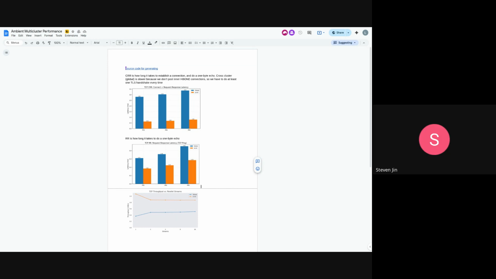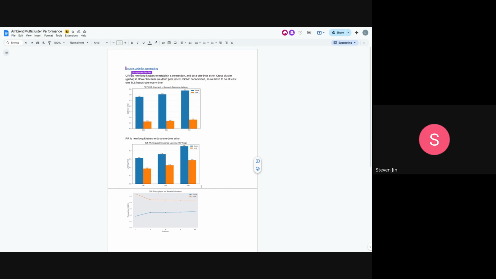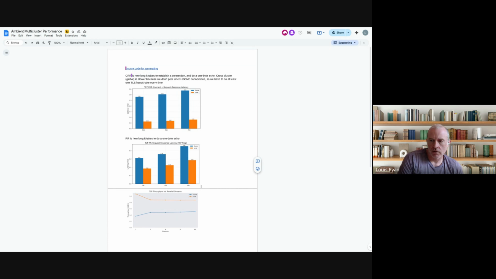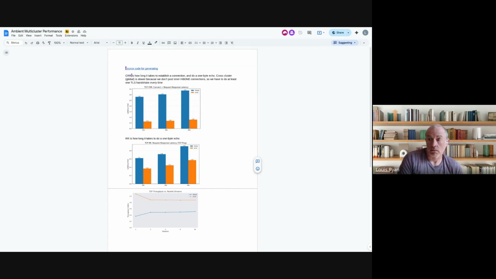Versus say TCP RR, which would be ping ponging on a single connection. Yeah. Well, I think the big overhead with connect request response is that we do a TLS handshake every time. Yeah, that's going to be a huge overhead.